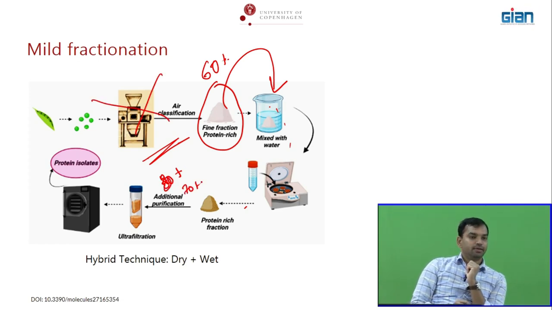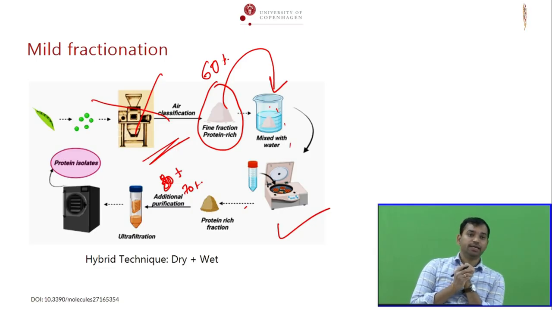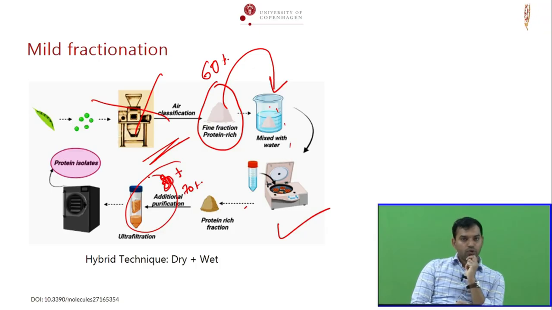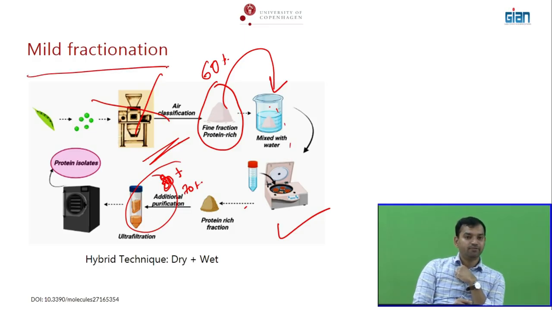So you can combine two techniques to get a slightly higher purity protein, and that's often done in industries. They don't do one extraction, they often combine two depending on what you need at the end of the day. Am I clear? People call it mild fractionation, gentle fractionation, and so on for this technique.